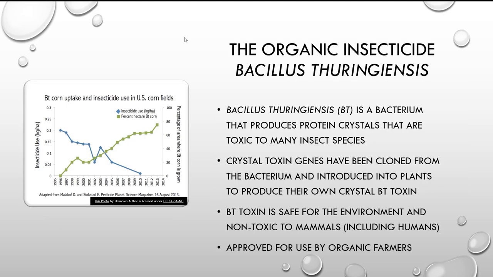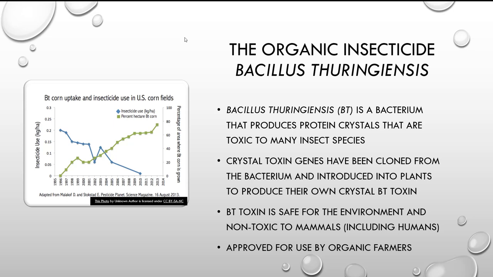The next example is the organic insecticide Bacillus, I can't pronounce the last word, otherwise known as BT corn. So Bacillus thuringiensis is a bacterium. That particular bacterium produces protein crystals that are toxic to many insect species.